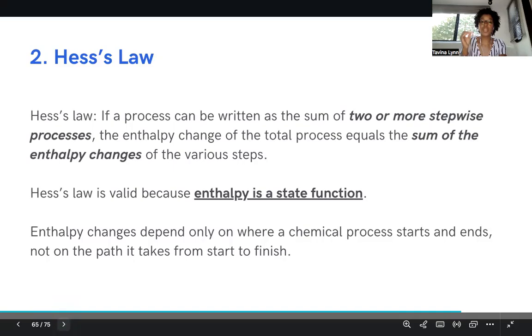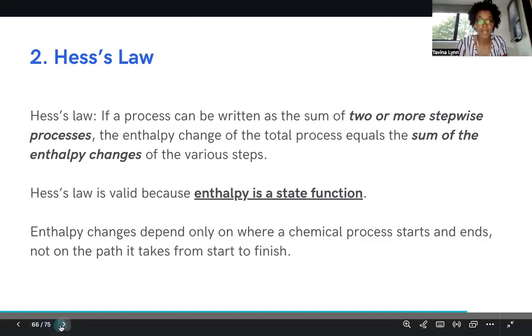The enthalpy changes only depend on where a chemical process or reaction starts and ends, right? Remember, the path that we take to get there does not matter. This is what makes it a state function. So Hess's law can only be applied to properties that are state functions.